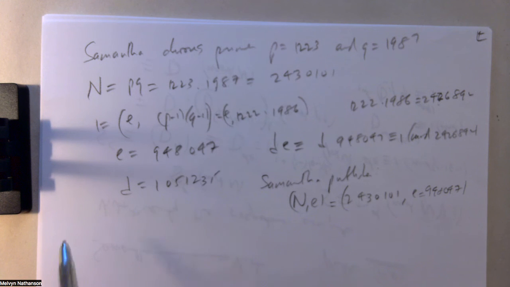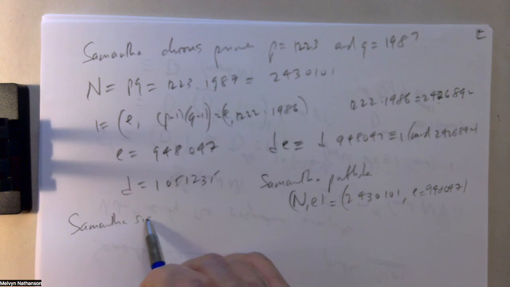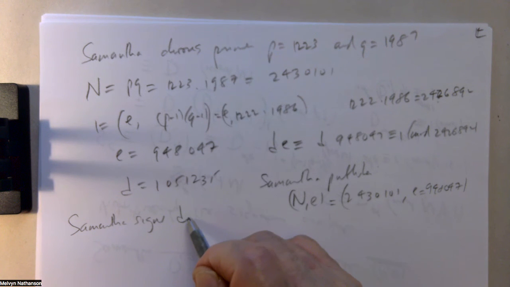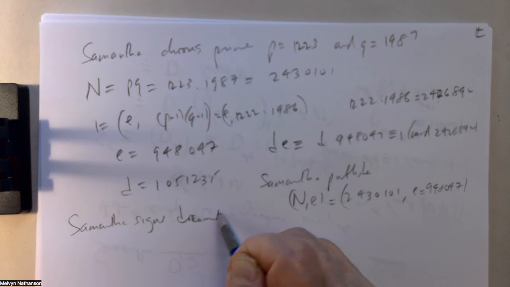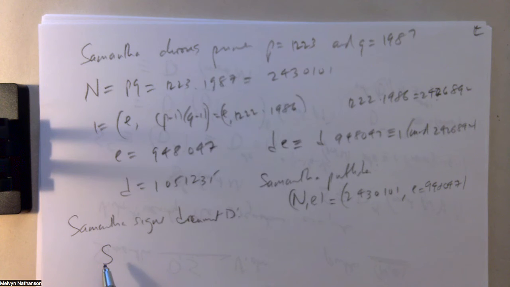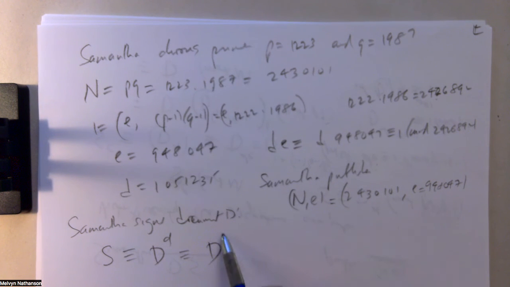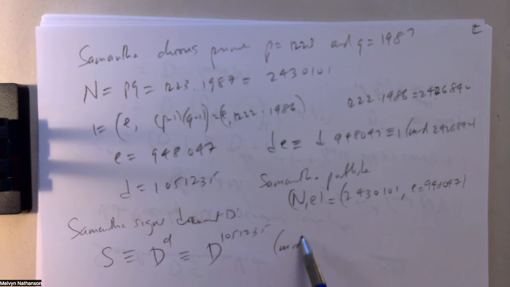And now Samantha signs document D. And how does she do that? Her signature is the least positive number which is congruent to D to the d, which is D to the 1,051,235, modulo N.